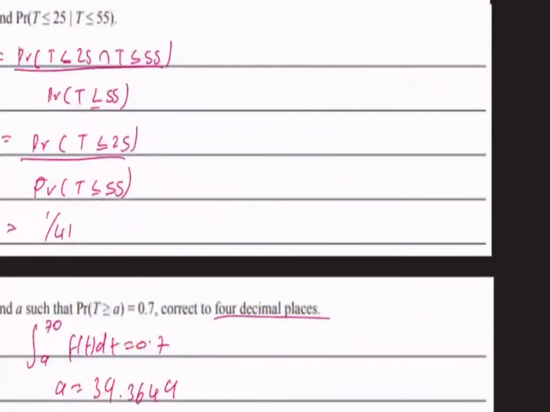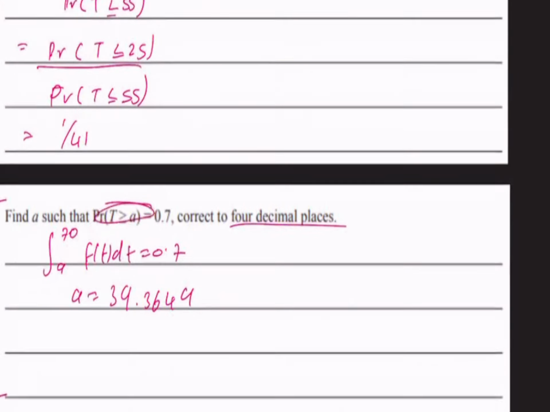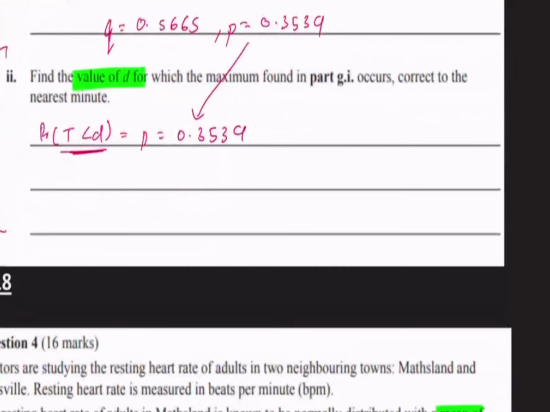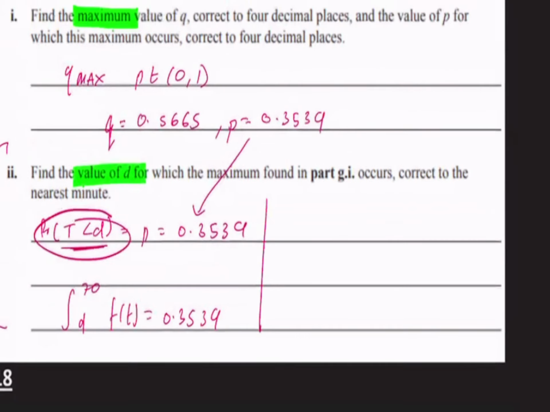For the earlier one, we were looking at T is greater than A, and for this one, we're looking at the probability that T is less than D. So this is the integral from 70 to D of f(t) dt equals 0.3539. You could just solve it in your CAS because you have everything.